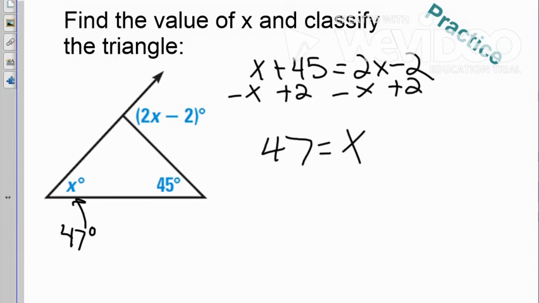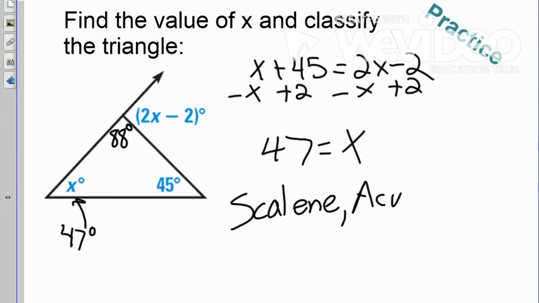So if I do 45 plus 47 and minus 180, that should give me 88 degrees right here, okay? Since we don't have any congruence, this is going to be a scalene acute triangle as well, okay?